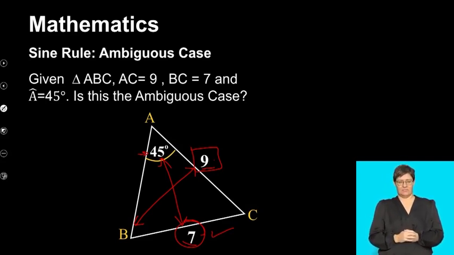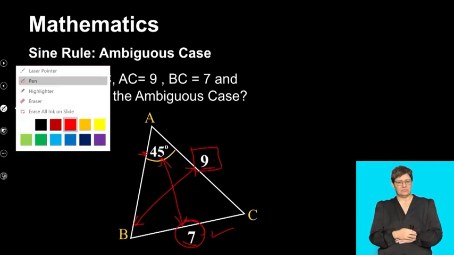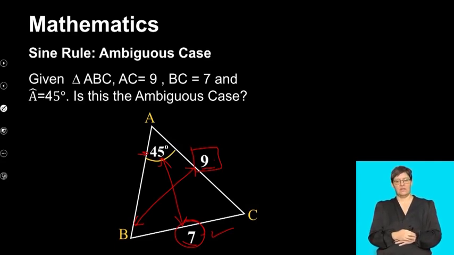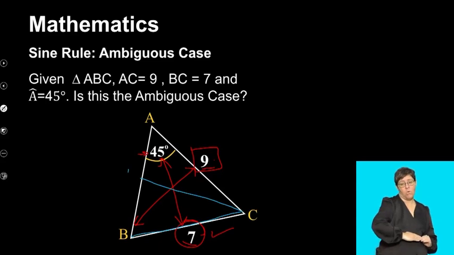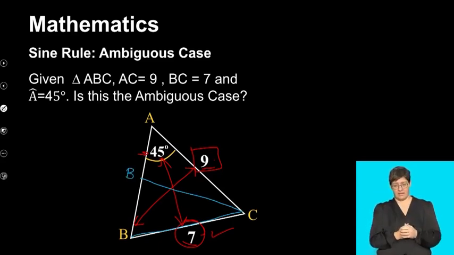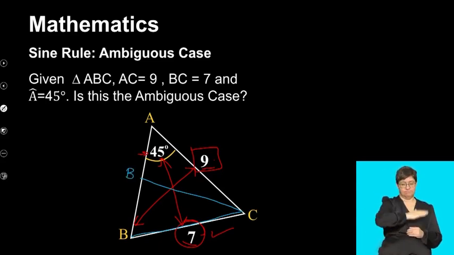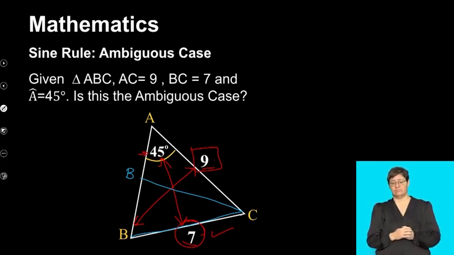Now, it means we can take side BC and either draw it here or draw it in this position here. So we could draw BC in this position, or we could draw BC in this position.